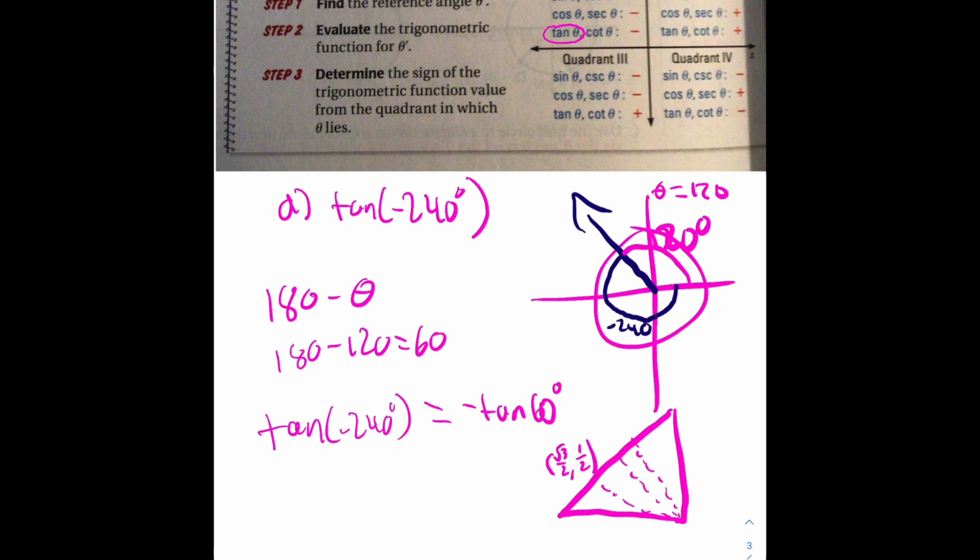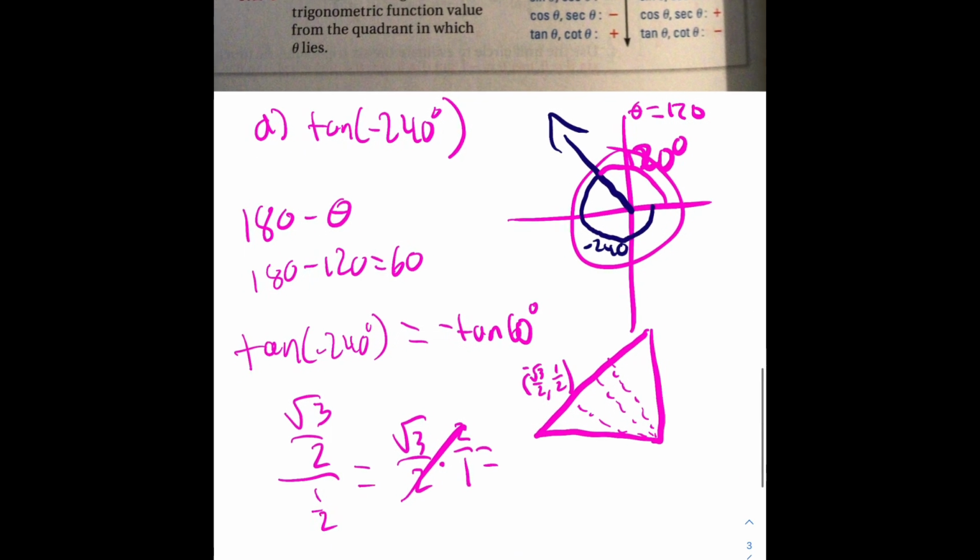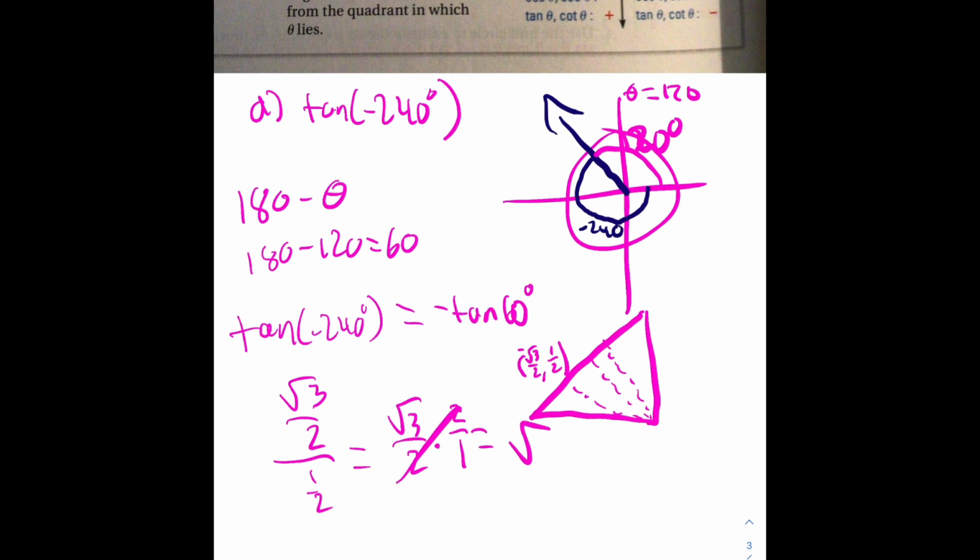My y is going to be 1/2. My x's are negative. So again, square root 3 over 2 divided by 1/2. When you have fractions, you keep, change, and flip. This cancels out, so we get an answer of negative square root of 3.